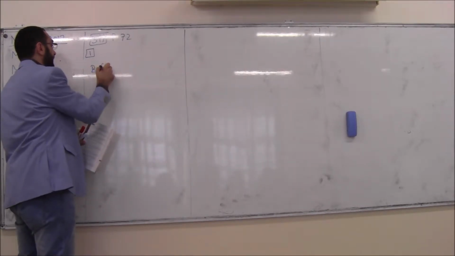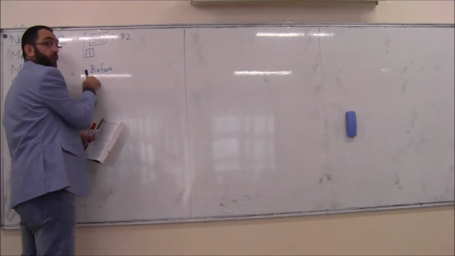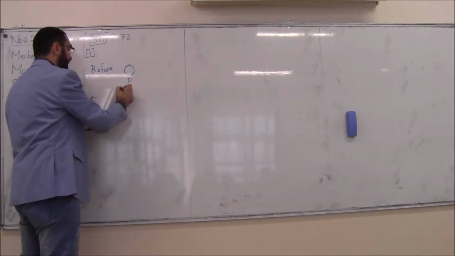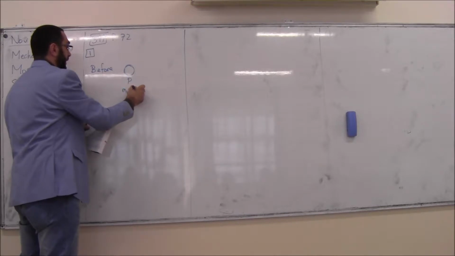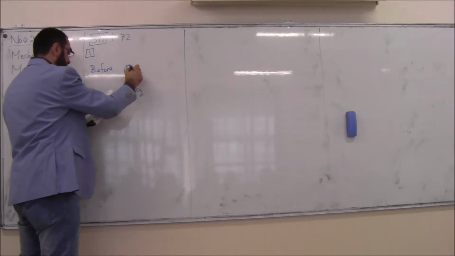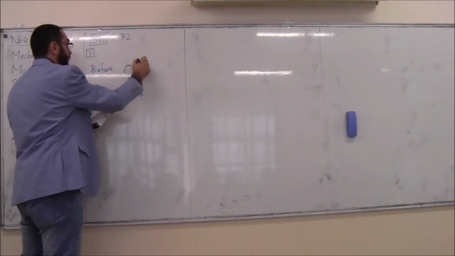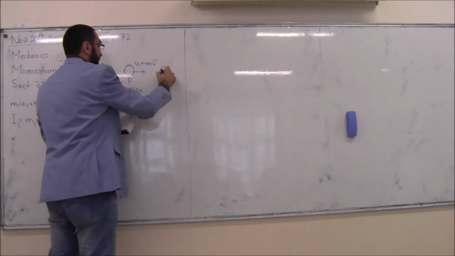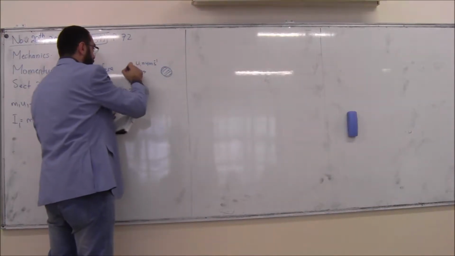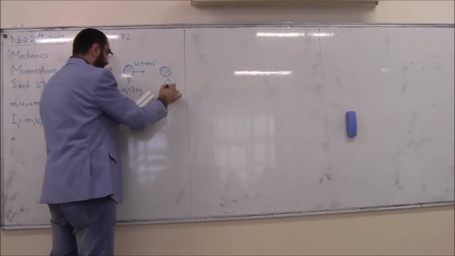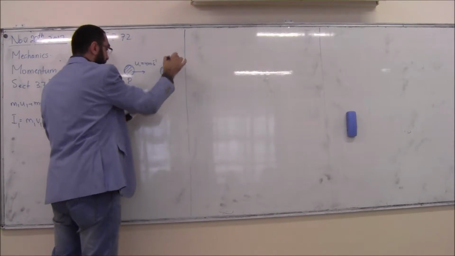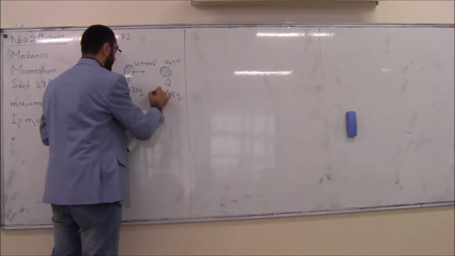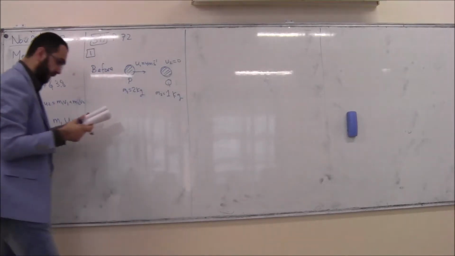So these are the given values before the collision. P has mass 2 kilograms, moving in this direction with the speed U1 equals 4 meters per second. It will collide with Q at rest, so U2 equals 0, and Q has mass 1 kilogram. So this is M2.